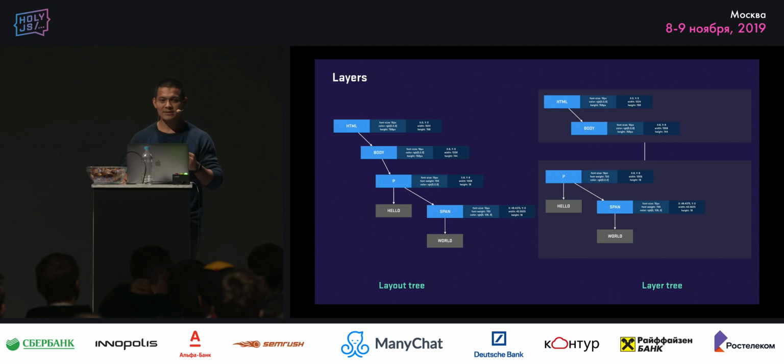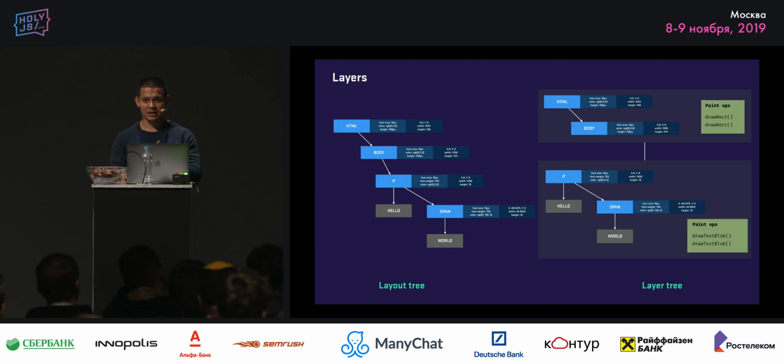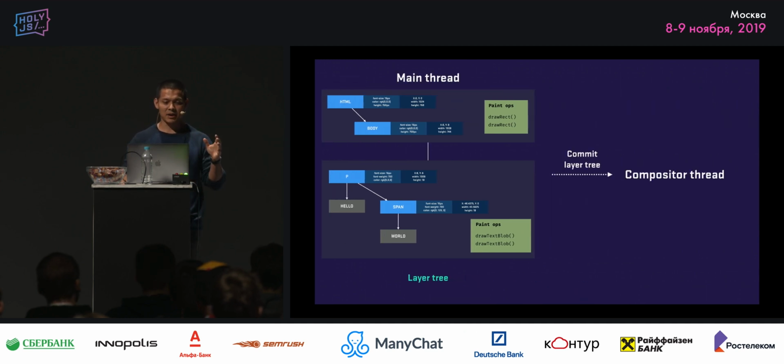Now Chrome, instead of collecting paint operations for a layout tree, is going to collect paint operations for each layer. This layer tree and the paint operations, that's all we need to be able to ship a frame in Chrome. So the main thread is going to hand off all this data, the layer tree and the paint operations, to a separate thread called the Compositor Thread.